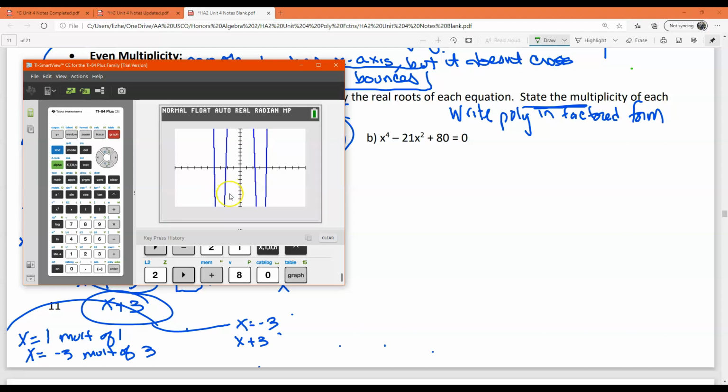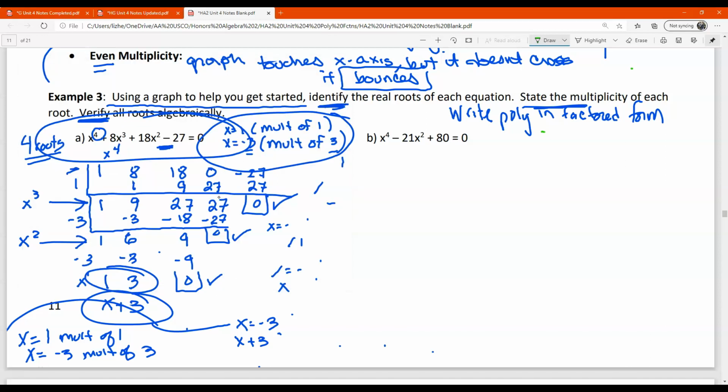What it does for me is it gives me a starting place to factor my polynomial. So I'm going to say x equals 4 and negative 4 look like multiplicity of 1. Which means, of course, if those are each multiplicity of 1, there are 2 more roots, and so those are the 2 that look like decimals. So now I'm going to set up my synthetic division.